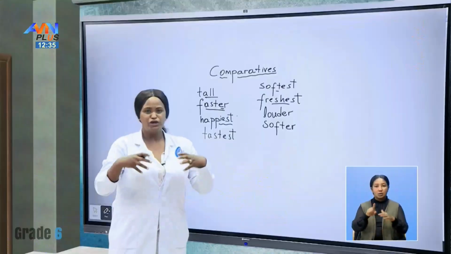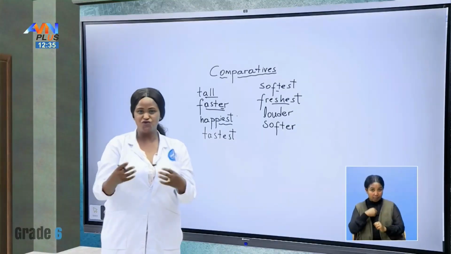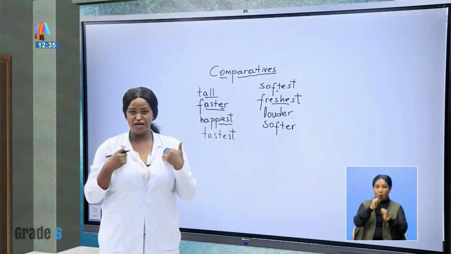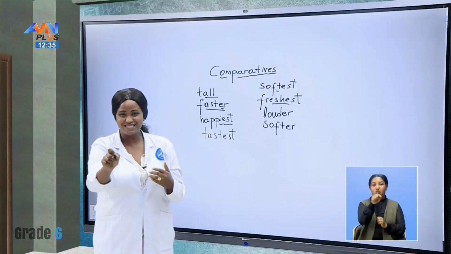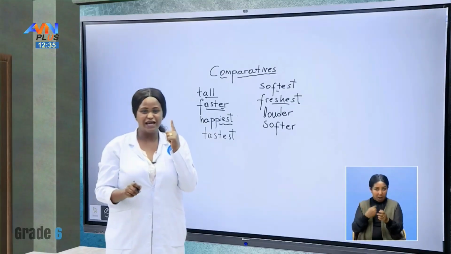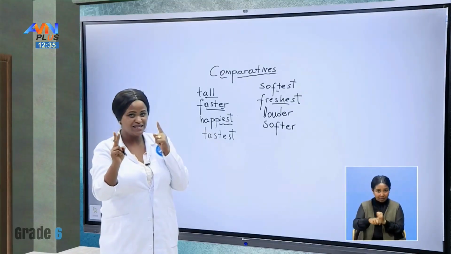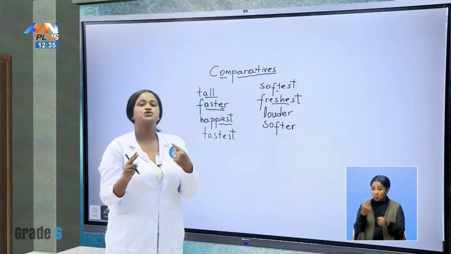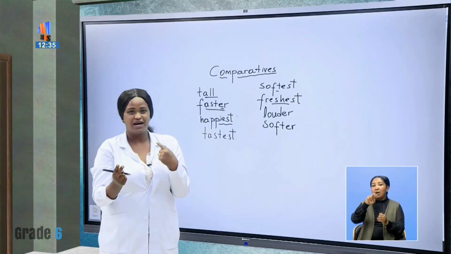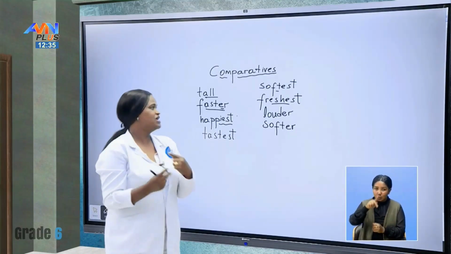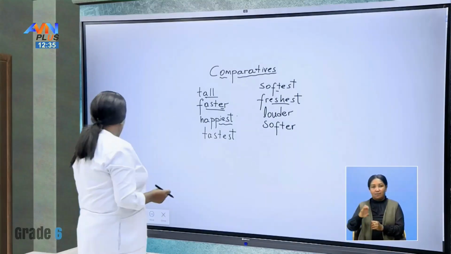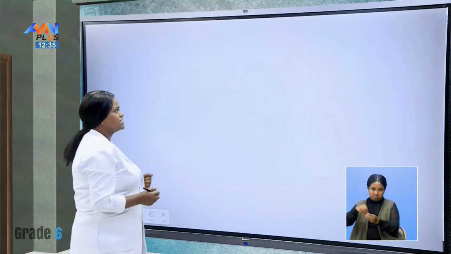Good. When you compare me with two, for example, with you and your sister, I'm just one compared with two, right? This time we use the superlative degree. Have you got me? Good. Now let us see how we can use it in a sentence.